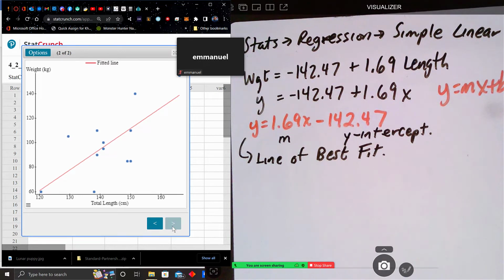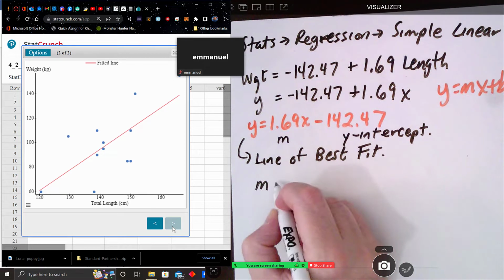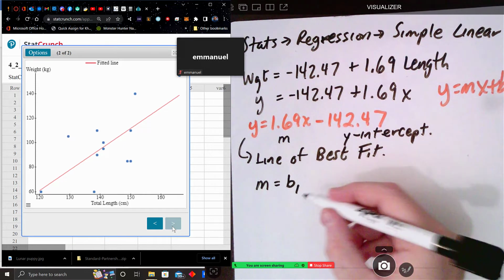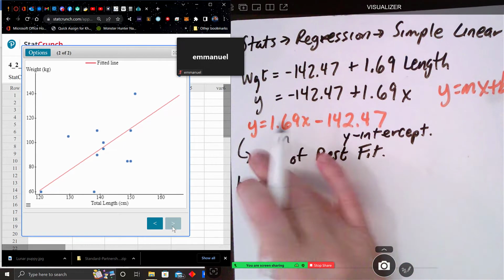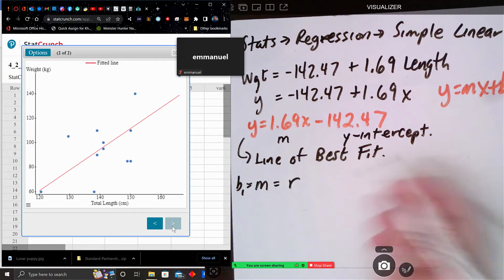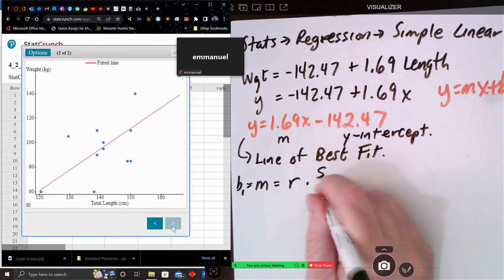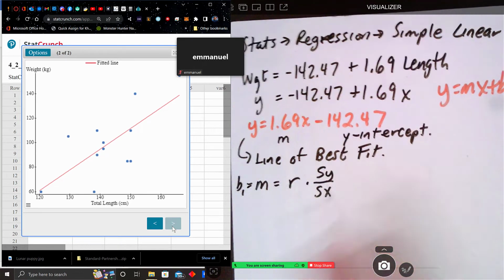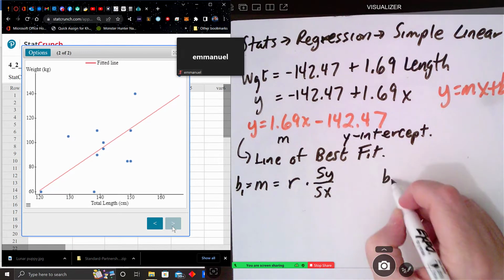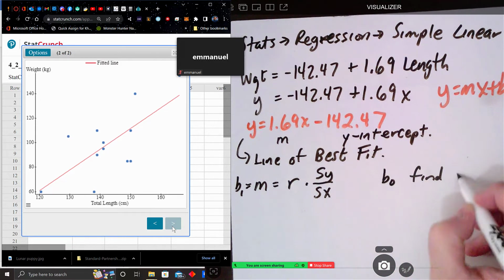You might wonder how they got these. The book or the program will use B1 for this. They call it B1. Maybe I'll put the B1 in front. What they do to calculate it is they find that R value that we had, and then they multiply it by the standard deviation of Y divided by the standard deviation of X. And B0, they just find using algebra, regular algebra stuff.